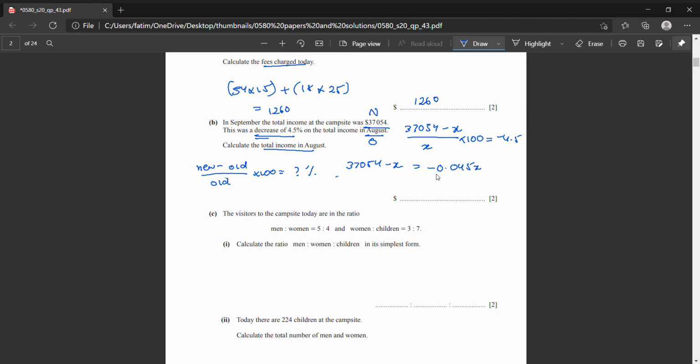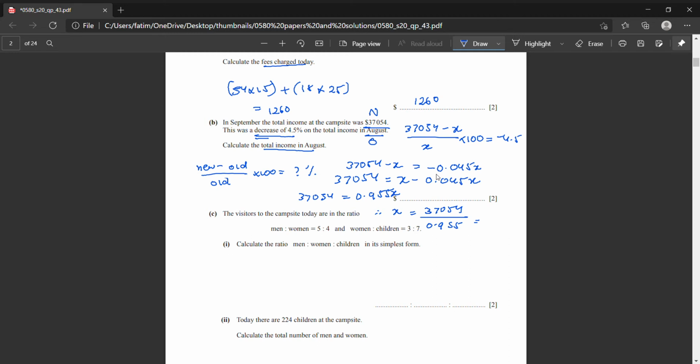And now 37054 is equal to x minus 0.045x. So that's basically 1 minus 0.045. So that's 37054 is equal to 0.955x. Therefore, x should be 37054 upon 0.955.